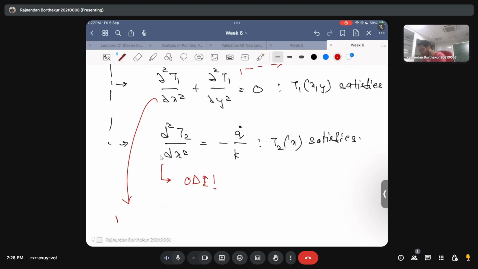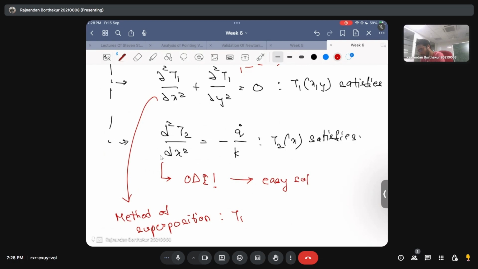You can now apply the method of superposition here to solve for T1, and then this equation is trivial, right? We know how to solve parabolic ODEs. This is an easy solution because it's just the parabolic profile that you will get.